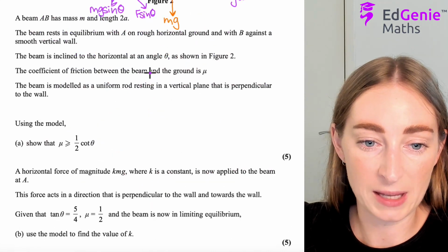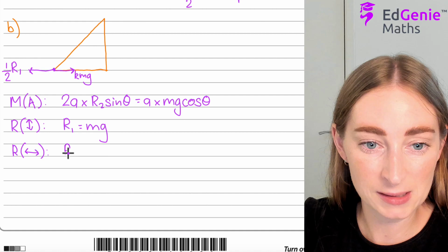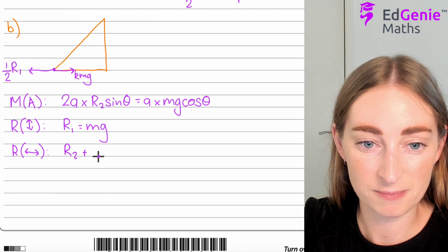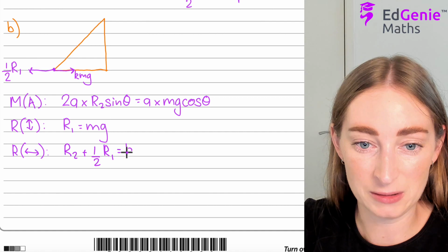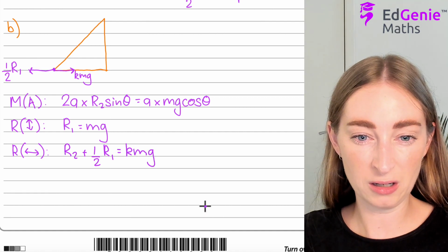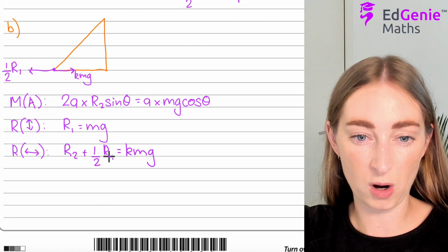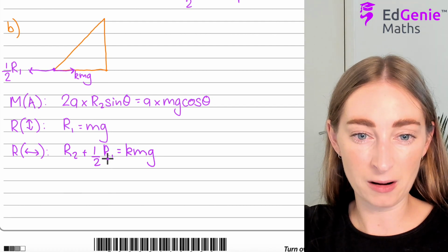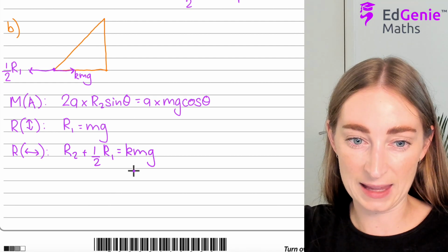So it's going to be R2 plus half R1 equals kmg. Hopefully this is going to be enough information. I can't see why we would need any more, because we've got R1 as this, R2 we can get from this, and then we can find out what k is.